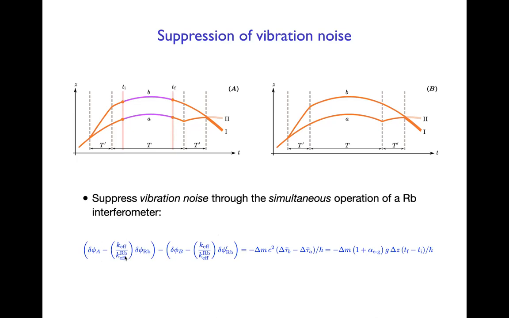You do this in a given shot, for example, with an interferometer of the kind A for ytterbium and the interferometer for rubidium, and then also an interferometer of the kind B for ytterbium and a similar thing for rubidium atoms. Then you can see that these problematic contributions here cancel out for every shot. And then when you compare different shots, you recover the result that you were interested in.